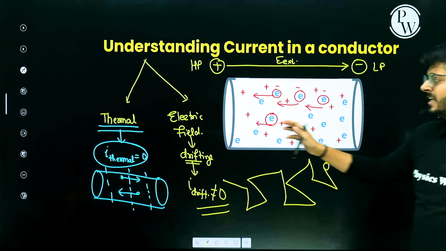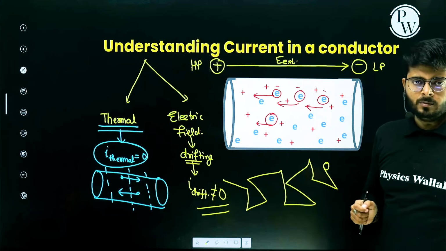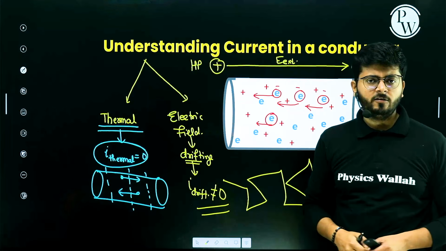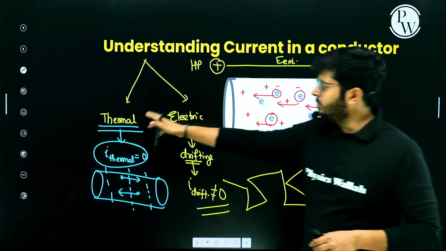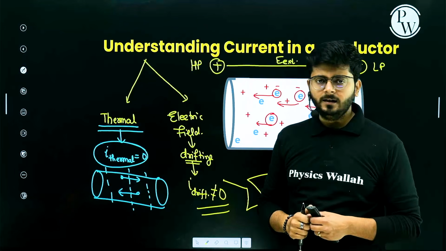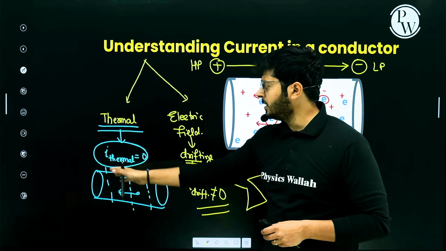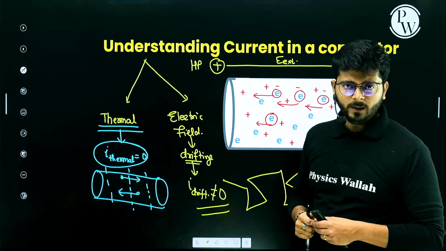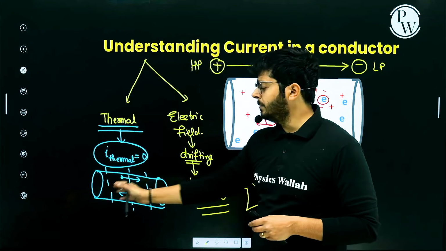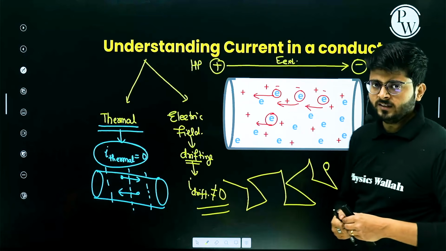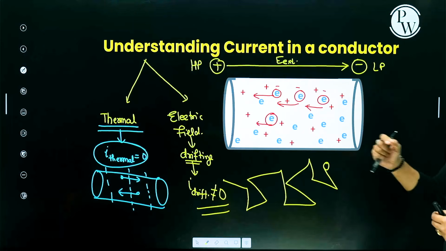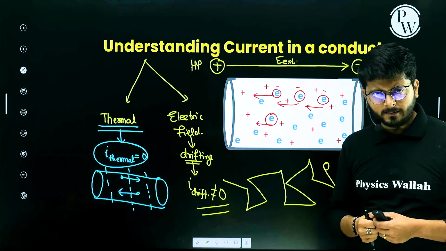The charged particles are moving due to two things: thermal motion and the external electric field. But thermal motion is not contributing to any current, because at any cross section, whatever number of electrons are moving one way due to thermal motion, the same number are moving the other way, and that is why thermal motion is not contributing to the current.